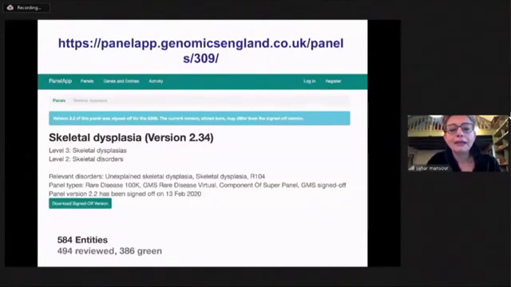So if you say this fetus has a lethal skeletal dysplasia, or it has a skeletal dysplasia, you can focus on the specific genes associated with that phenotype or presentation. And we have these panel apps now for the genome sequencing, so you can see that there are 584 genes that can cause bone problems. So you don't need to look at all the DNA.